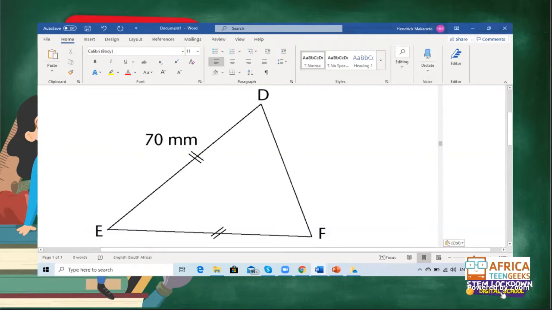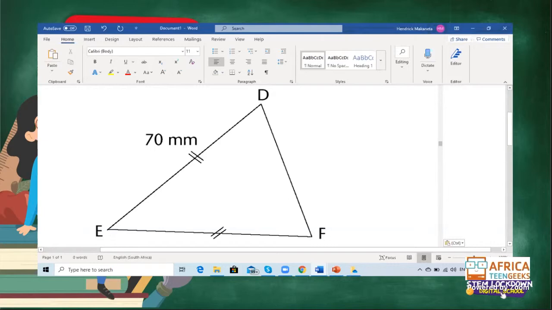So remember that the definition of the perimeter, we have always defined it as the distance around the edge of the shape. If you move from E to F to D and back to E, then you have completed your race.